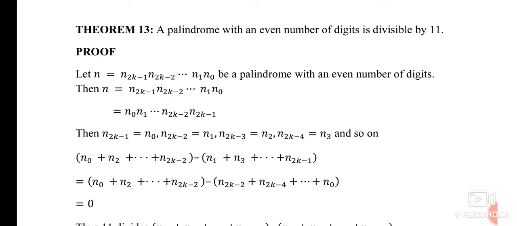The first digit should be equal to the last digit, so we get n_{2k-1} equal to n_0. The second digit should be equal to the second digit from the last, so we get n_{2k-2} equal to n_1, and so on.